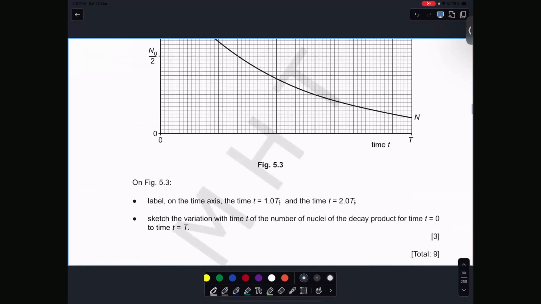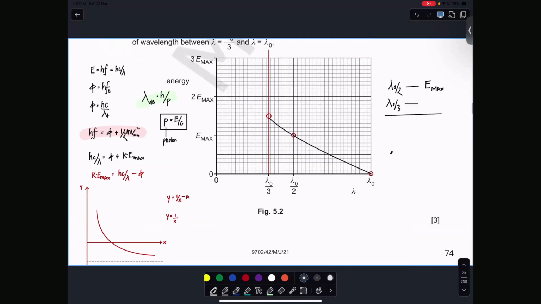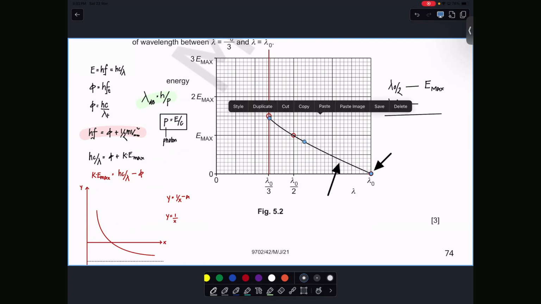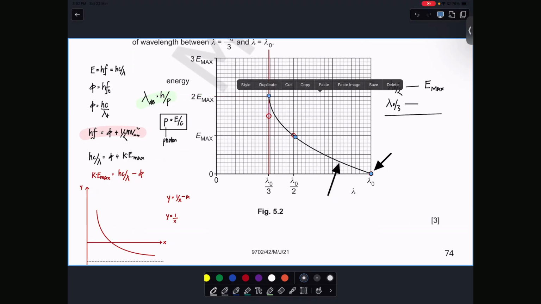So we got this mark. It should cross to 0. Negative gradient is the second mark. Our third point is the curve with negative gradient of decreasing magnitude passing through half lambda Emax and 1/3, 2 Emax. Yes, it does say 2. Why would it be 2? Twice? It says that's how it should be.